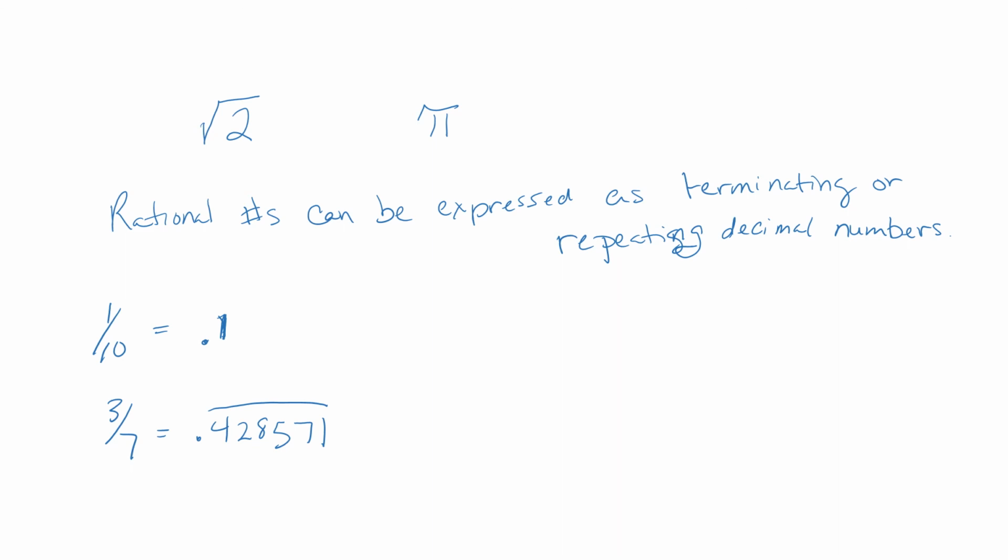But what about radical 2 and pi? And there's other numbers like these. These cannot be expressed as terminating or repeating numbers. These type of numbers are called irrational.